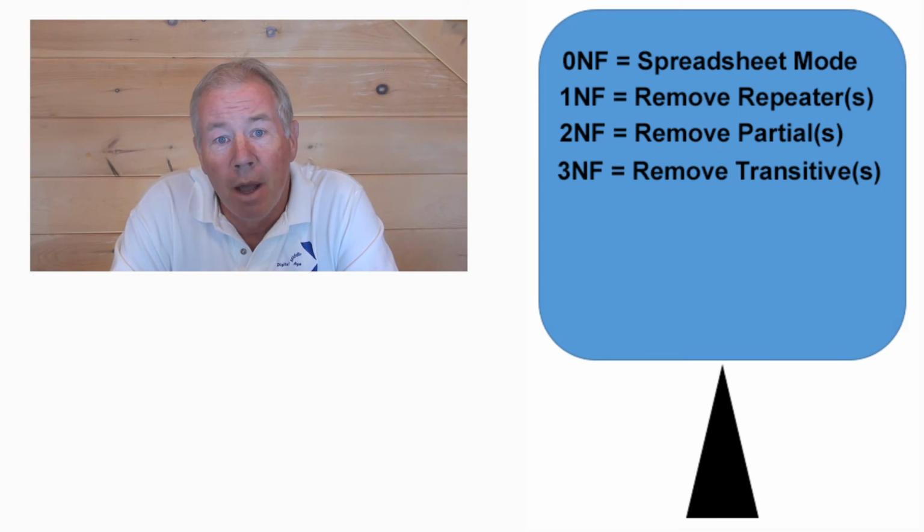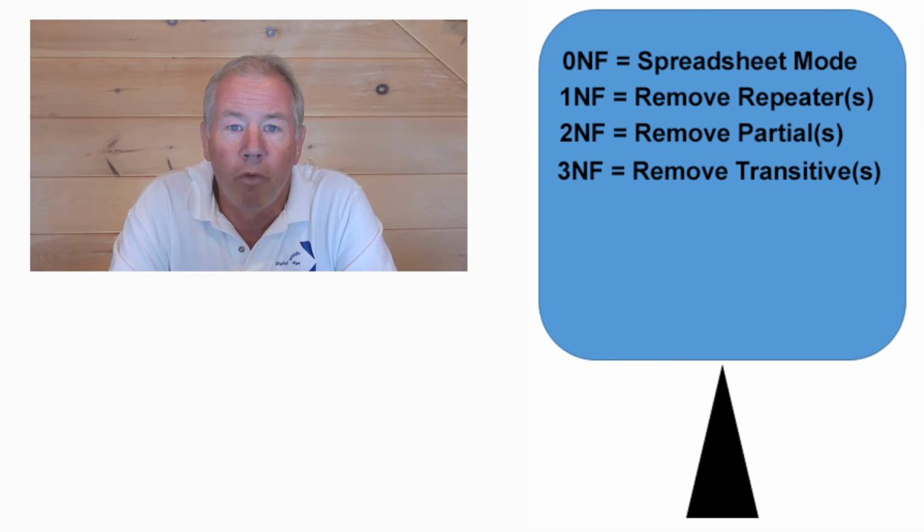Easy enough. Finally, if you're so inclined, and you probably should be, you want to bring your design up to Boyce-Codd third normal form. You remove any partial dependencies within the multiple segments of a compound primary key. Easily enough done. All right, that was pretty fun.